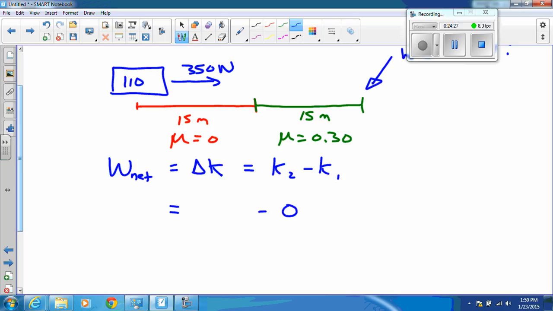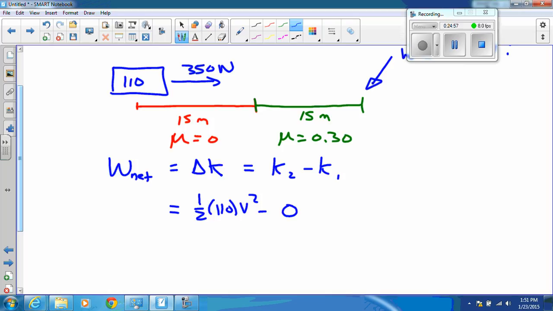What am I going to put in here for K2 though? 1/2 mv squared. Do you know any of those numbers? Well, the m being 110. Yes. Right. And since we don't know the v, we don't panic. We just write that as v squared.